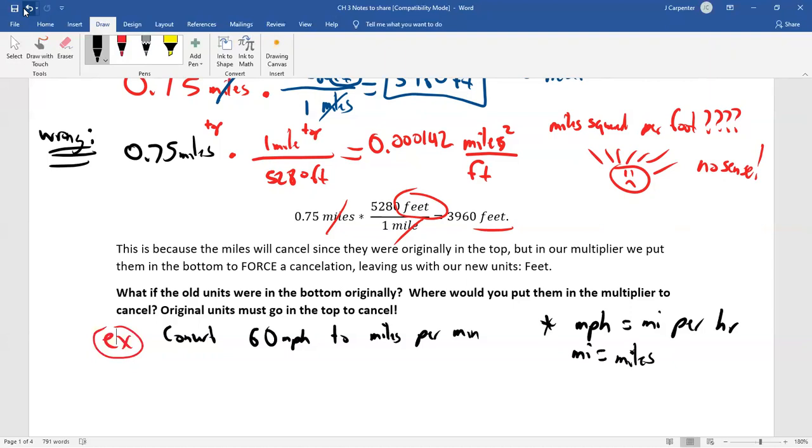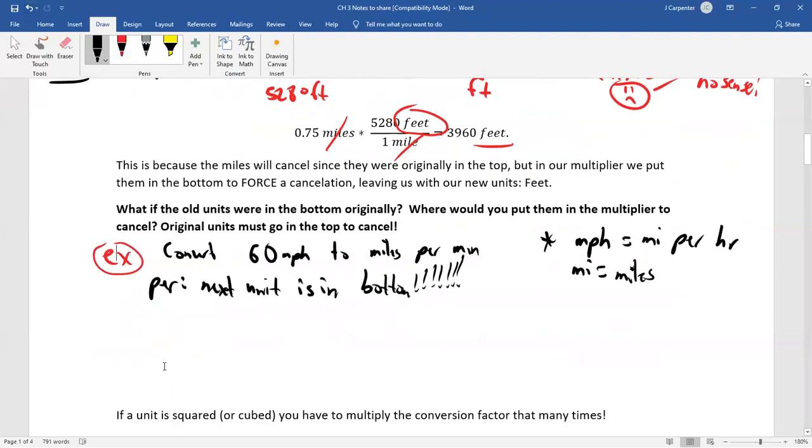So converting 60 miles per hour. Now, remember, per means the next unit is in the bottom. We start out with the original number.